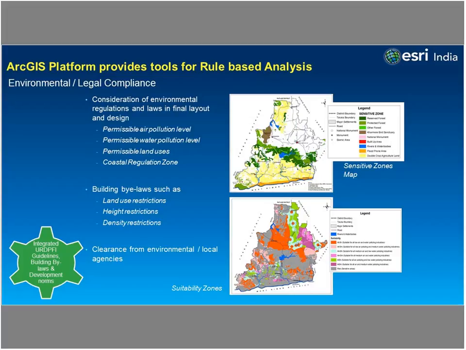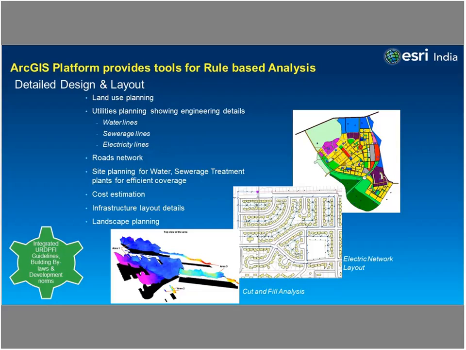These analyses also show where open spaces can be planned, and where garbage dumps and similar sites can be planned in a city with respect to the residents and other infrastructure. So these are various analyses which town planners can do with the help of GIS tools, which can directly help them arrive at all these results.